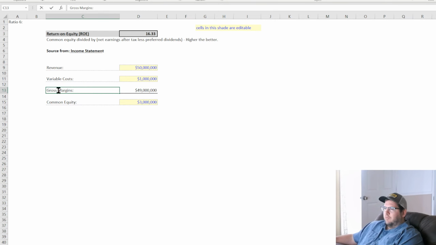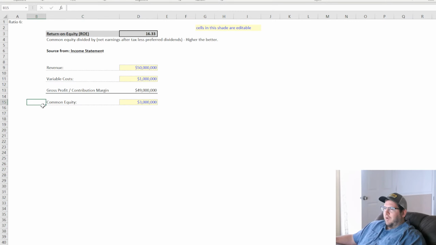And this is actually called gross profit or contribution margin. I was always confused why the actual value here was called contribution margin. Contribution margin, did I spell that right?